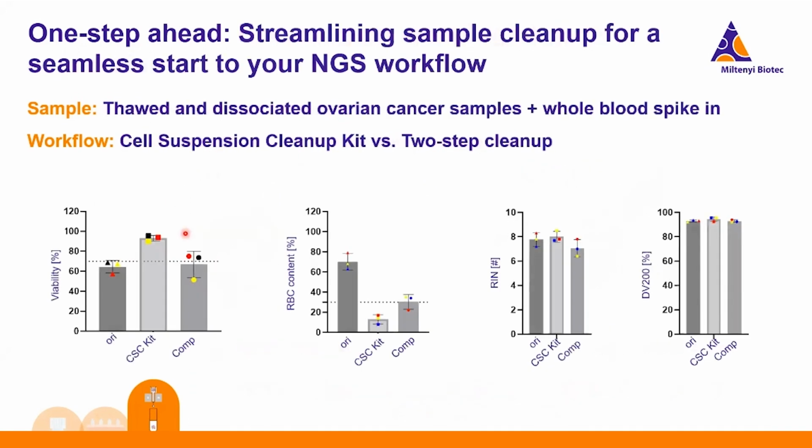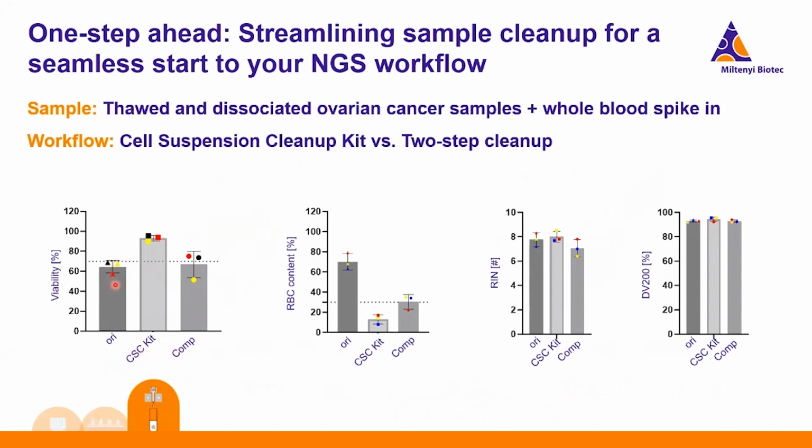So certainly there are other ways to perform cleanup. Most well known are those 2-step cleanup workflows where you do an RBC lysis and a dead cell removal. And of course, we also wanted to benchmark our cell suspension cleanup kit against this 2-step procedure.